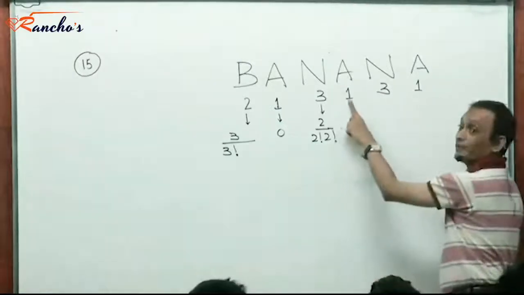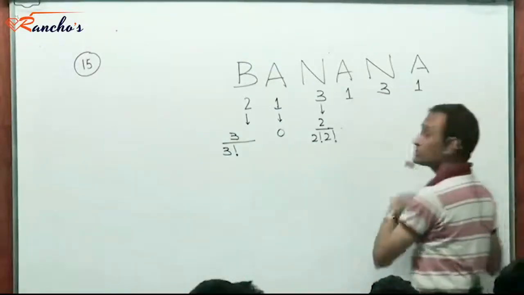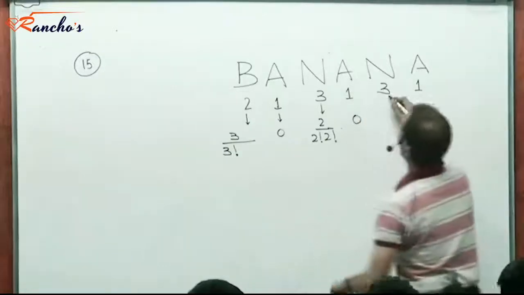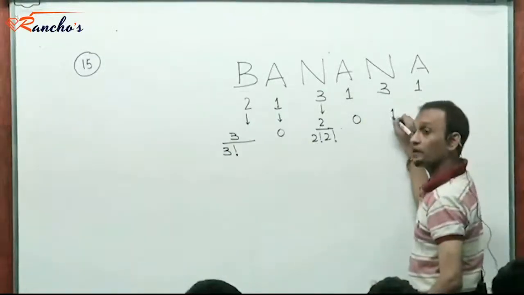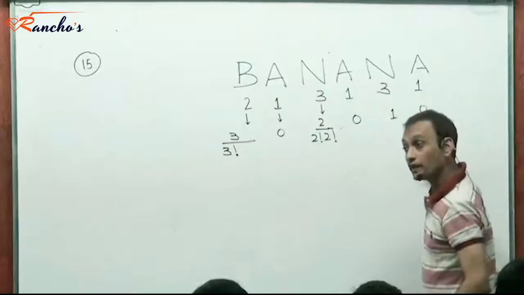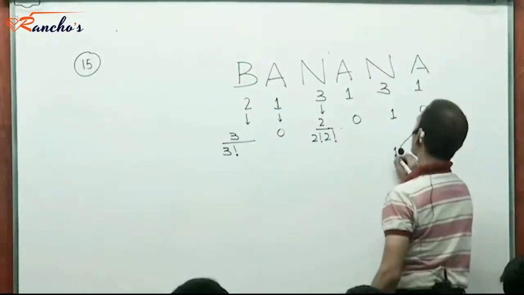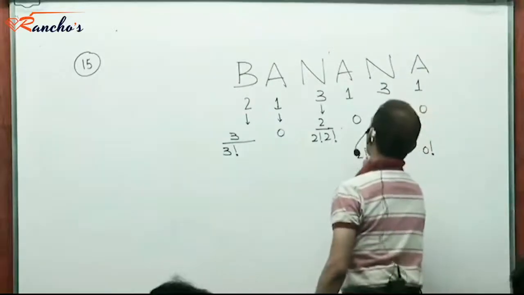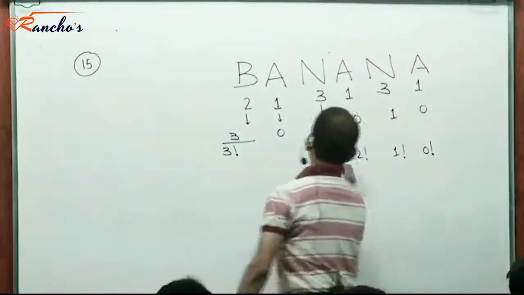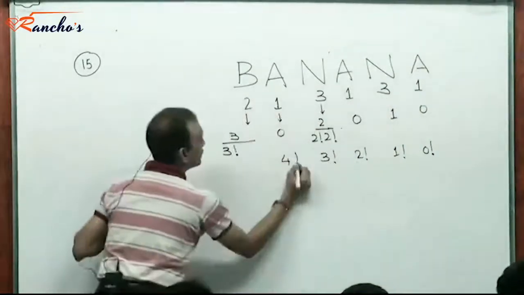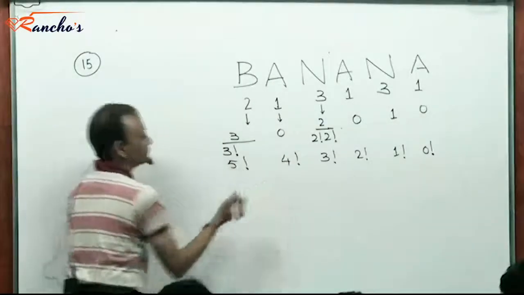Then, how many less than A? 0. How many less than 3? 1, and then 0, right? And then you do the following: 0 factorial, 1 factorial, 2 factorial, 3 factorial, 4 factorial, 5 factorial.